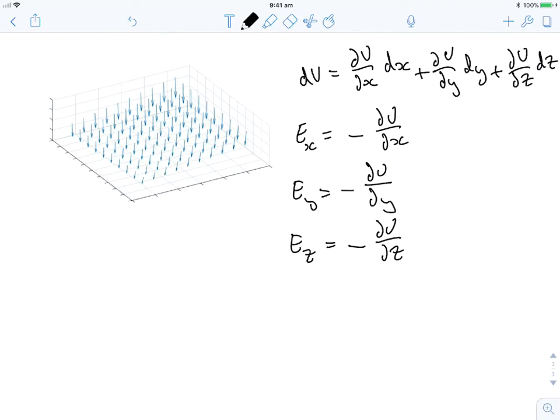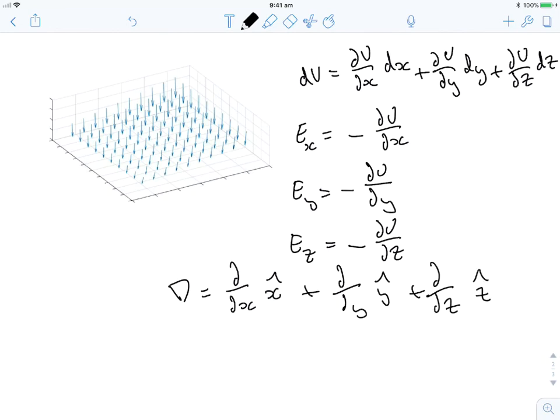So we can put this all together by using the gradient operator. So we're using our del. So del, the gradient operator, is equal to d over dx x hat plus d over dy y hat plus d over dz z hat. And we can put this all together in order to obtain our electric field.